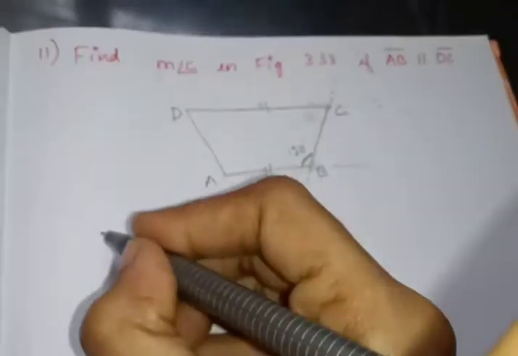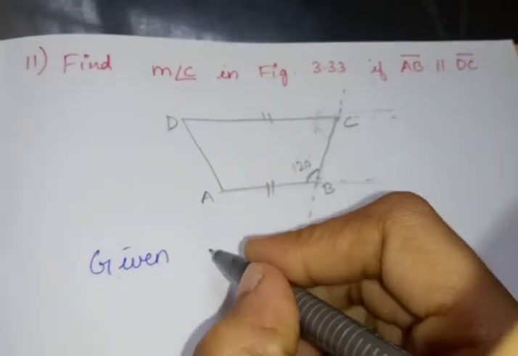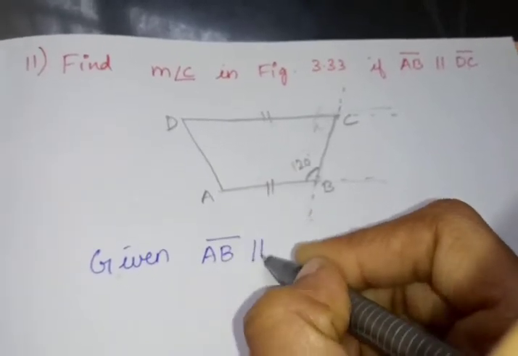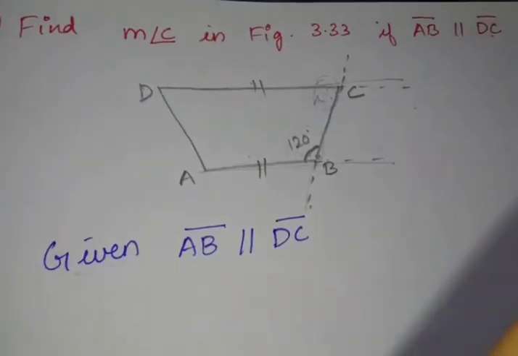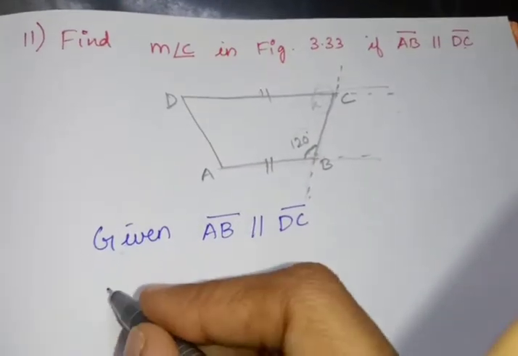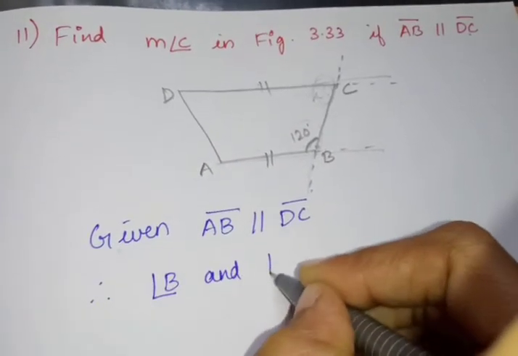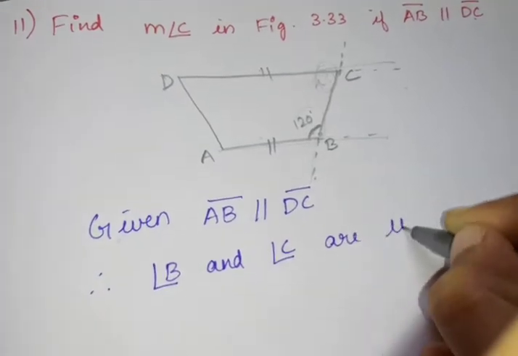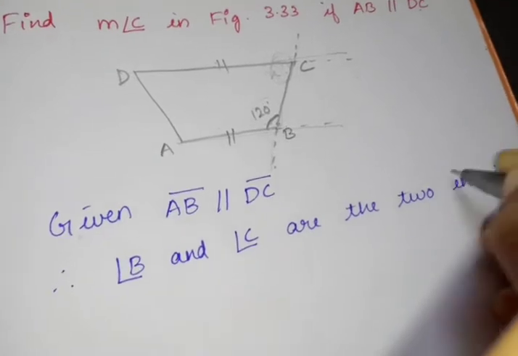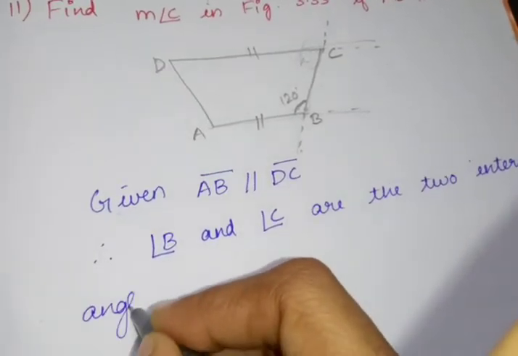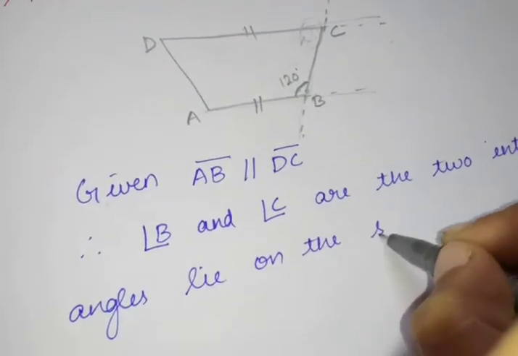Listen children, given AB is parallel to DC. Therefore, angle B and angle C are the two interior angles that lie on the same side of the transversal.